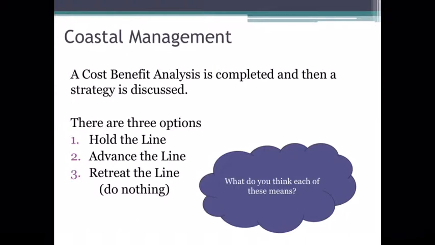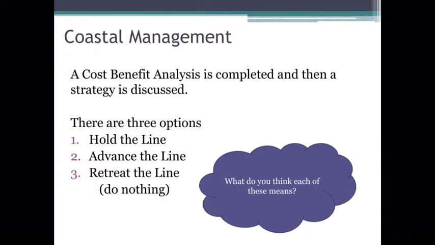So a cost-benefit analysis is basically where a group of engineers and geographers, usually paid for by the local council, go to a coastal area and look at what are the potential risks associated with that coastline, and if coastal erosion continues, what the costs of that are going to be.